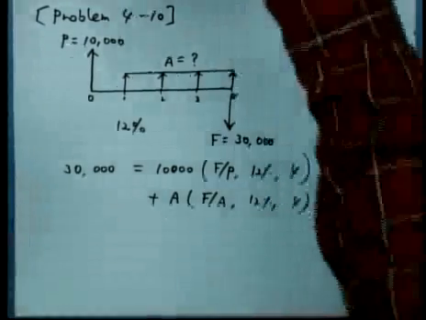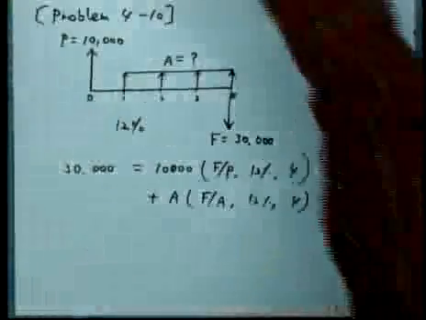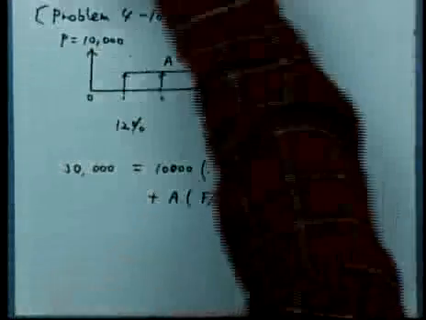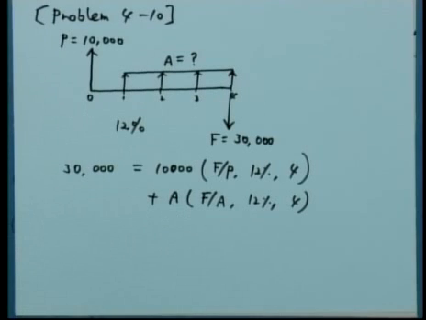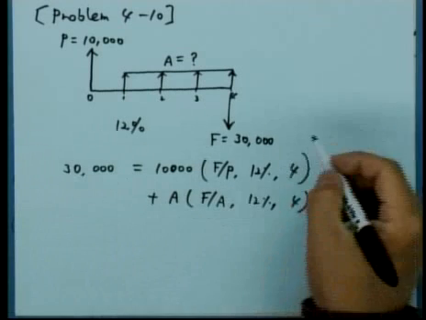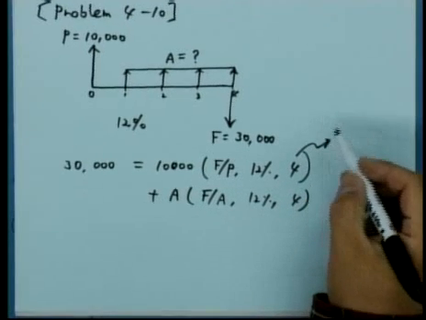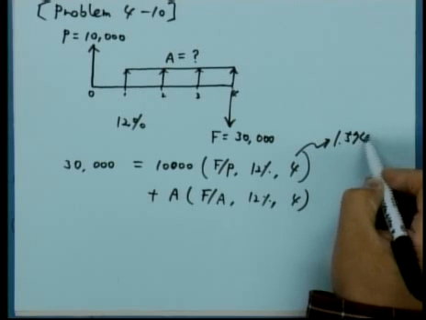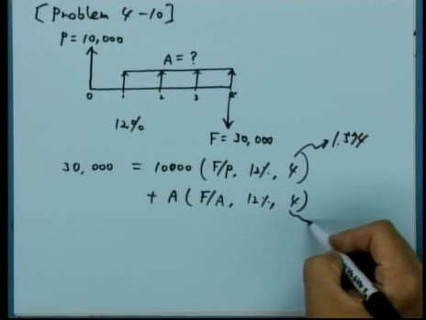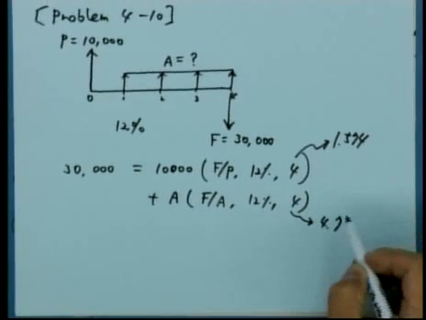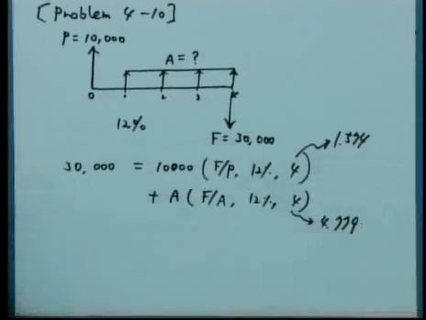And let's get the factor values. So we are looking for 12%. You need to look at page 614. F given P over 4 periods is 1.574. F given A would be 4.779.